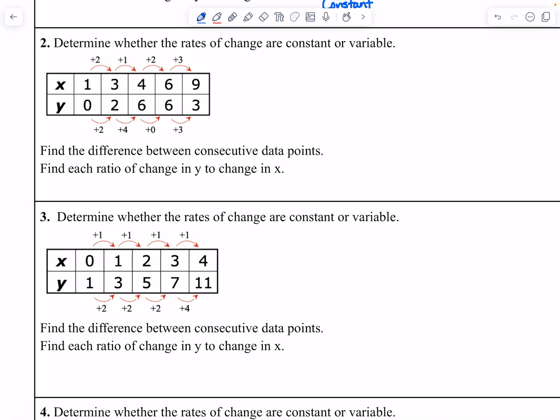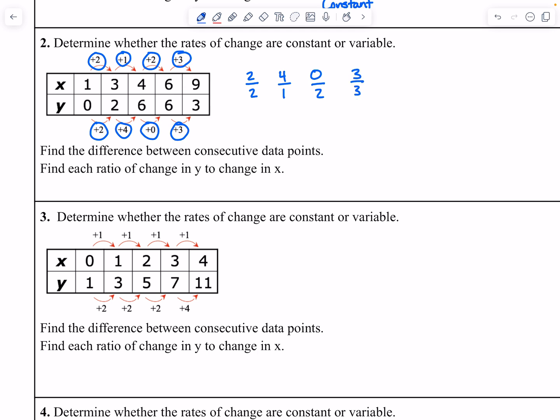So again, they have already picked out what's happening on the y and the x just to save some time. So we have 2, which is how much the y increased by, divided by 2, which is how much the x increased by. And then they have 4, which is the change in y, over 1, the change in x. 0 divided by 2, and 3 divided by 3.